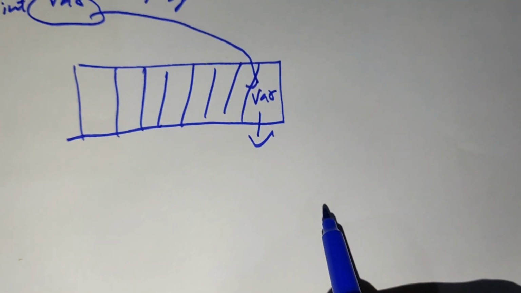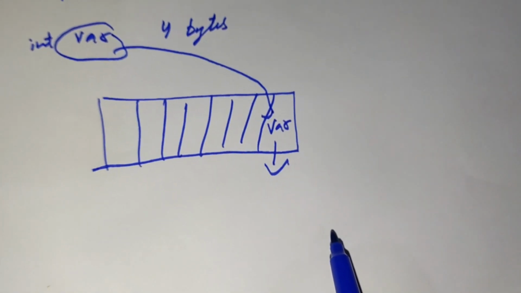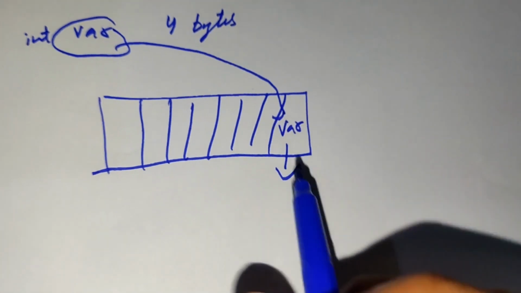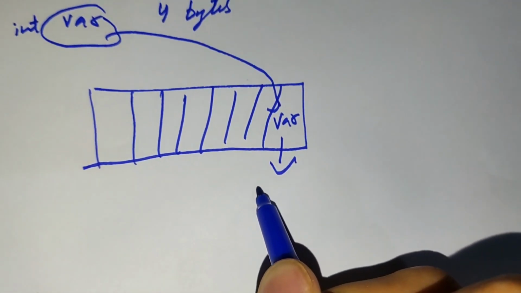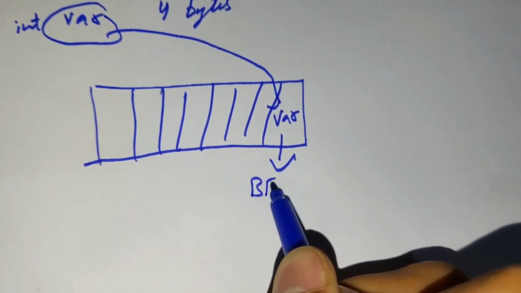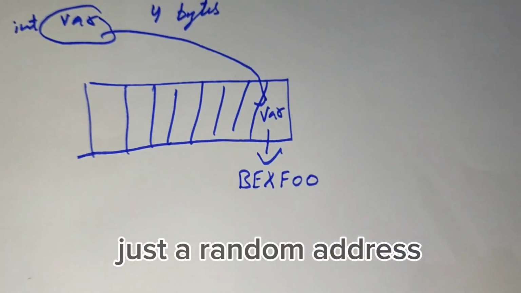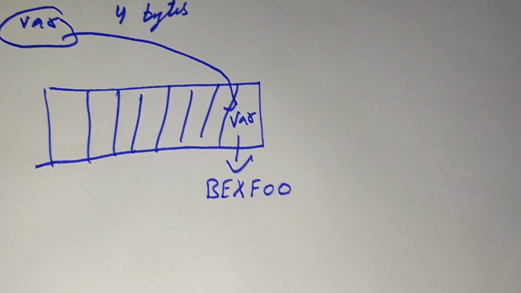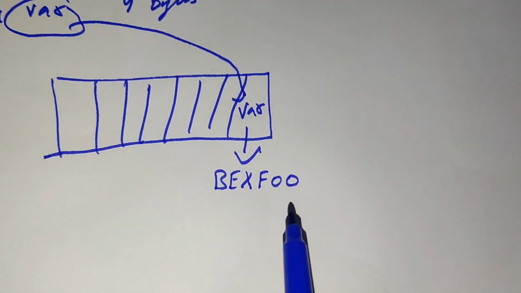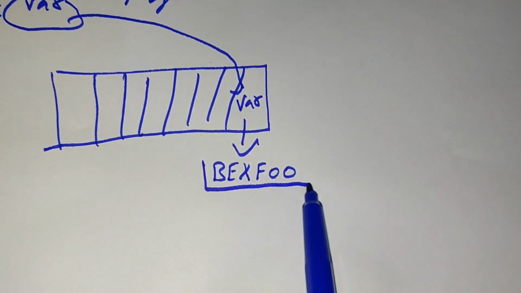Now the variable is placed here and it has some kind of address, let's say BEXF00. This is just a random address assigned by me to this memory block.